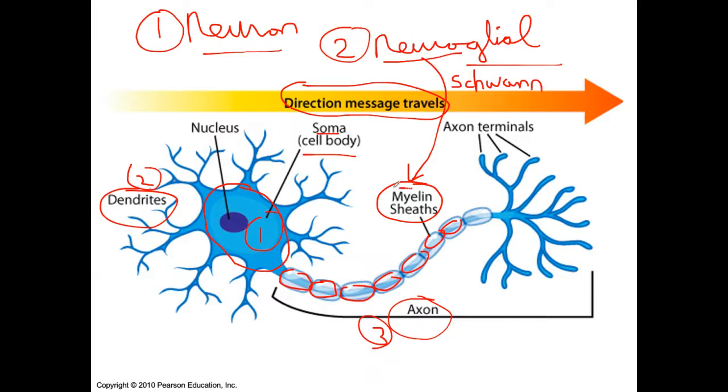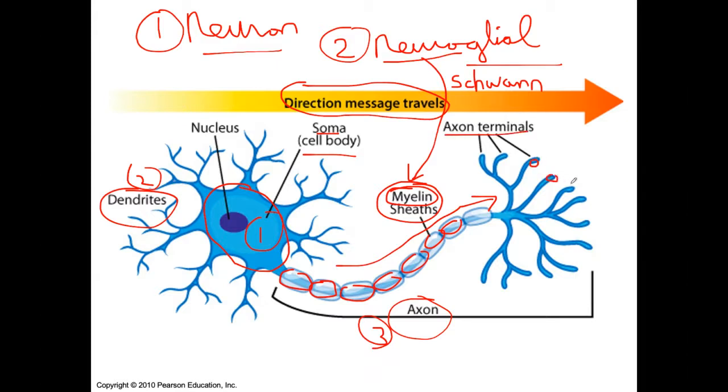So these Schwann cells produce myelin, and myelin is really just fat and cholesterol that's wrapping around this axon. And it really does speed up the action potential or the nerve impulse to make it all the way to the end of the axon, which is called the axon terminal.